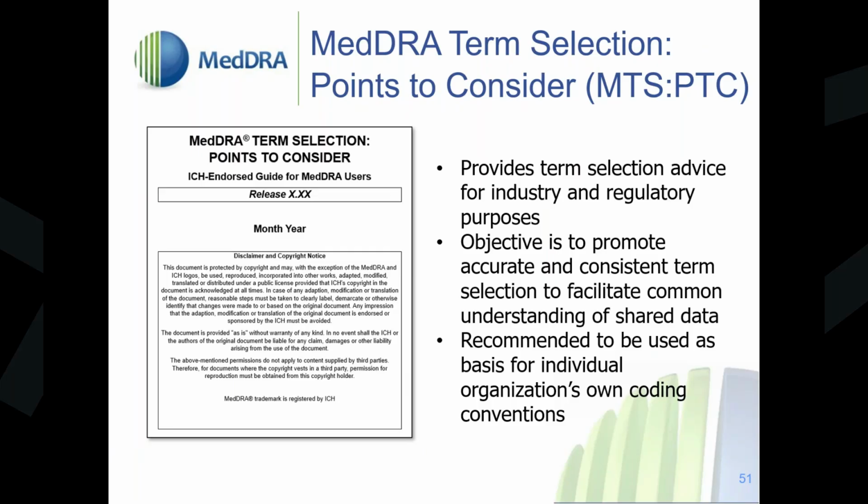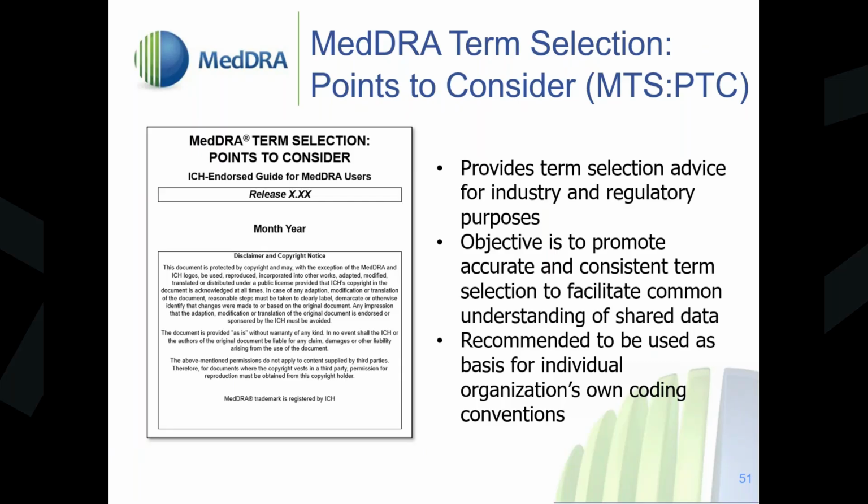We do advise that organizations create their own coding conventions, because the MedDRA Term Selection Points to Consider is intended for a wider audience, and we can't really target everybody's specific needs. Your organization may have a specific approach, or a specific product line that has a specific approach. So having organization-specific coding conventions is really useful and really important.